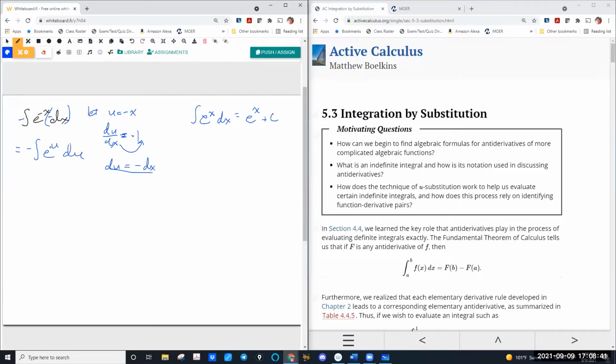And now we have a basic antiderivative. As you guys told me before, the derivative of e to the x is e to the x, so the antiderivative of e to the u is e to the u. It's an indefinite integral, so we need a plus C.